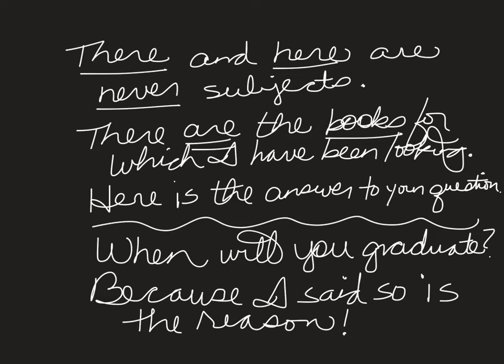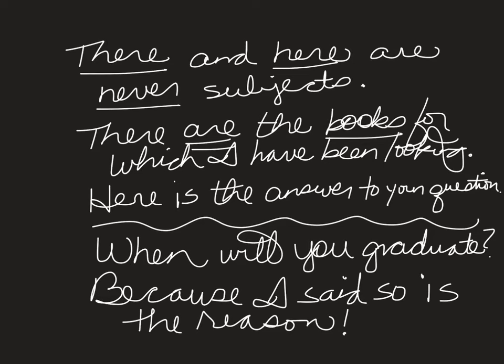Final slide. There and here, the words there and here are never ever subjects. Okay? They're always either adverbs, generally speaking, or sometimes the word there can be what we call a placeholder in our sentence, okay? An expletive. It's an extra word there to make our sentence flow smoothly. But there and here are never subjects.